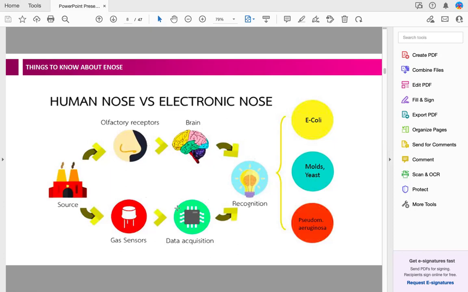There's a lot of processing software that needs to be done when we work with enos, and we can finally conclude the same way as our brain concludes the final one. This is what this is the smell of. In this case, we have mold, we have bacteria, because most of it give out certain volatile chemicals.